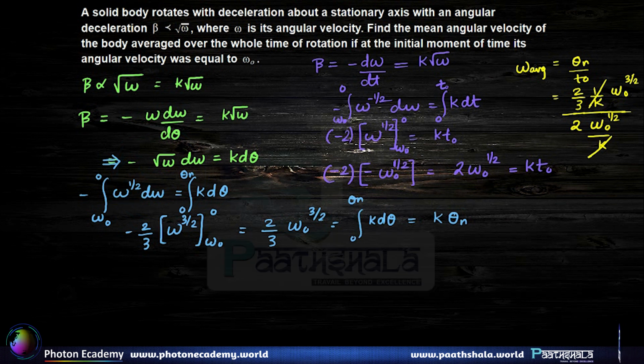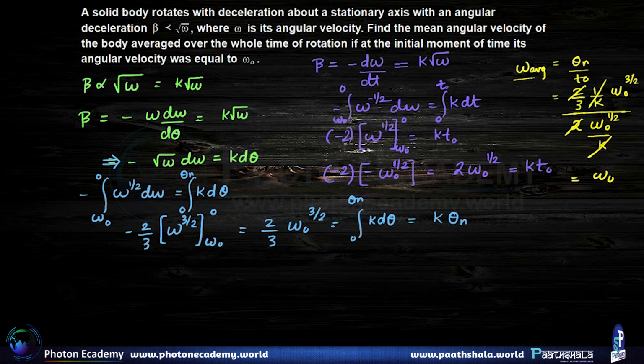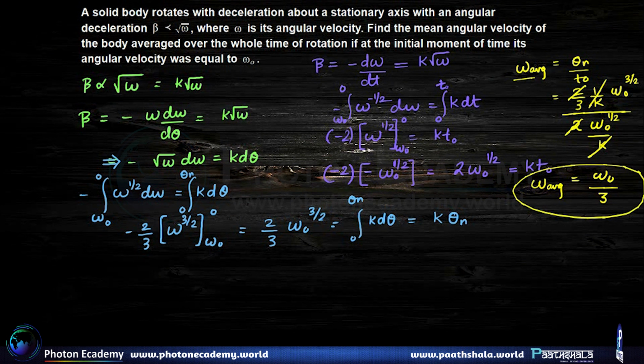This is one important thing to realize. The 2 is also getting cancelled, and we are left with omega naught divided by 3, because omega raised to 3 by 2 divided by omega raised to half will give just omega naught. We are finding the average angular velocity, so it has the dimensions of angular velocity, omega naught only, and the 3 remains in the denominator. So this is omega average. This is going to be our final answer.